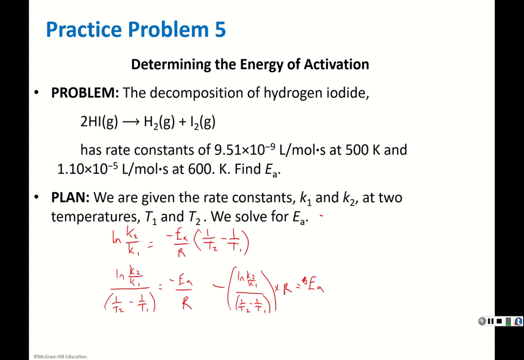If you plug in those K values and the temperature values, R is just the gas constant. The form we want to use here is 8.314 joules per mole Kelvin. You typically see this written in different ways, but for kinetics, in this Arrhenius equation, we want it in an energy form, because we're dealing with the activation energy.